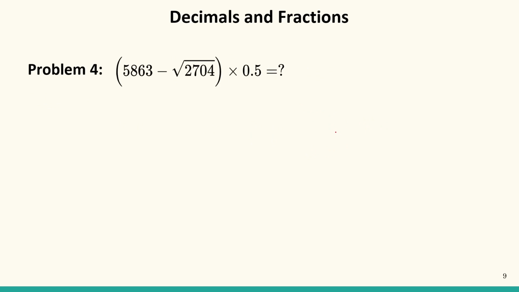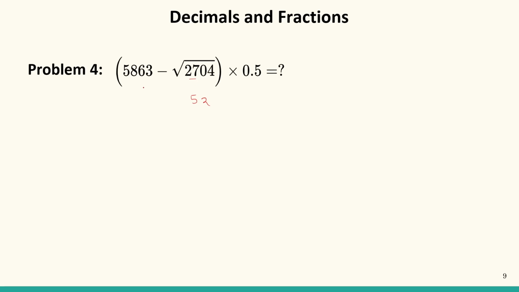The problem asks us: 5863 minus square root of 2704 into 0.5. What is it? Here you can see that 2704 is nothing but the square of 52, right? If we multiply 52 with 52, this is what we are left with, the number available in the square root.